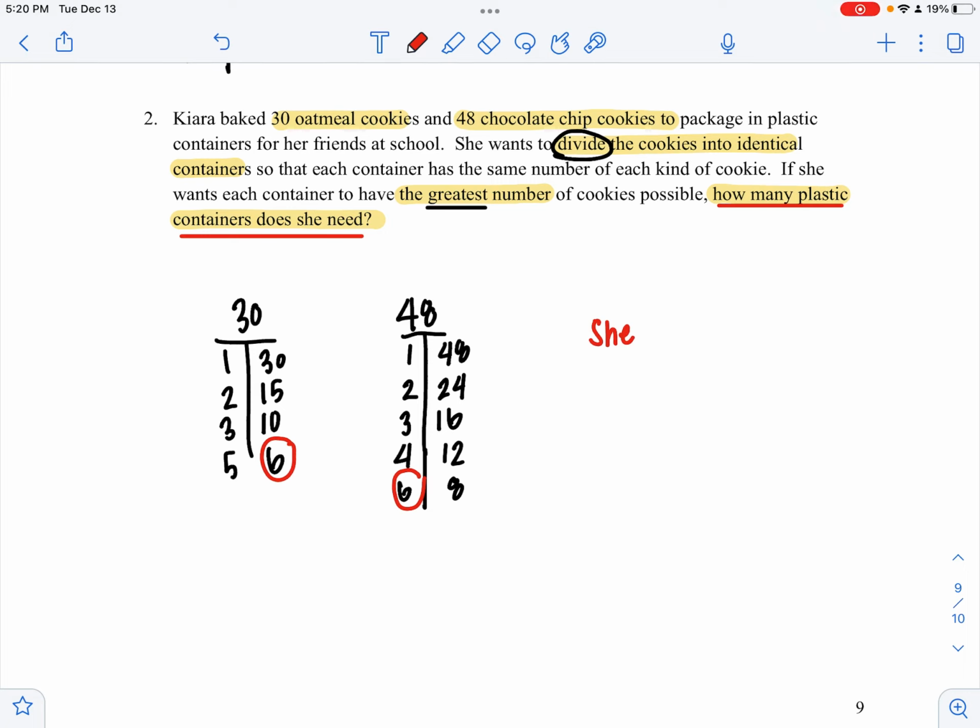So again, full sentence, she needs 6 containers. If the question asked you how many of each type of cookie she needed, you would be able to say she needed 8 of the chocolate chip and 5 of the oatmeal.